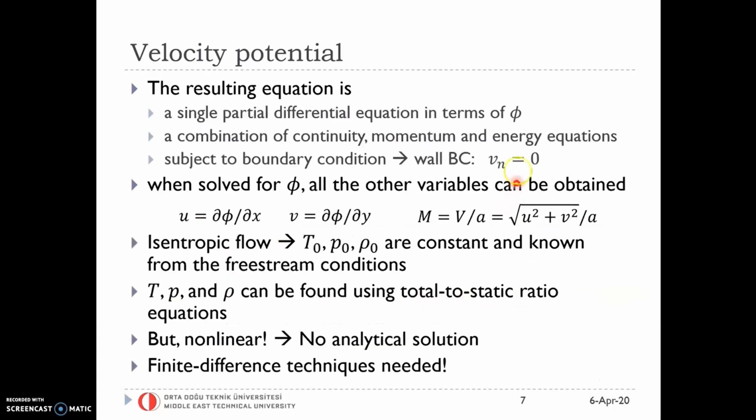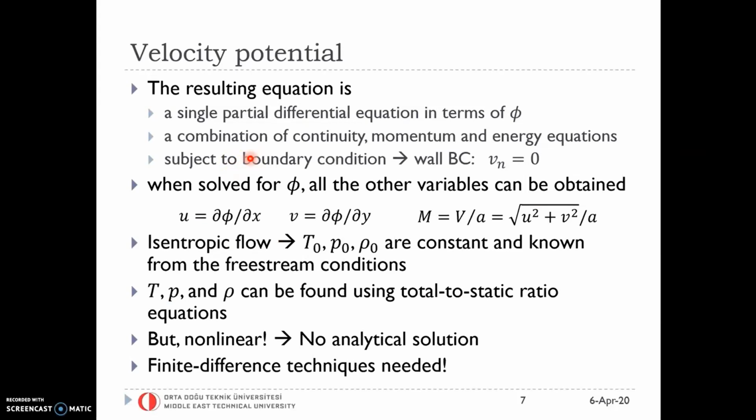Okay, maybe it's better to go through these bullets first, before what we can get once you know phi. So as you can see, this is a single partial differential equation in terms of one dependent variable phi. Reminder again, it's a combination of continuity, momentum, and energy equations.